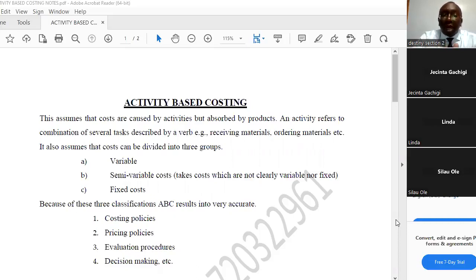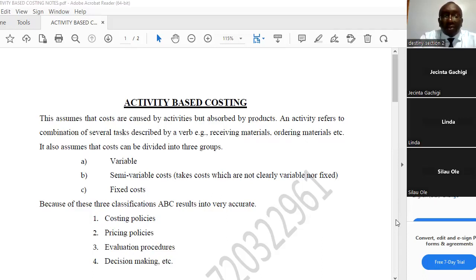But when you come to activity-based costing, it says that it is not the products which cause the costs, but the activities which are done. Like now the teaching that I'm doing, the cleaning that is done, the administration, and so on. But after the activities have made the cost to be there, the costs are then absorbed by products, who happen to be you, in form of paying school fees.